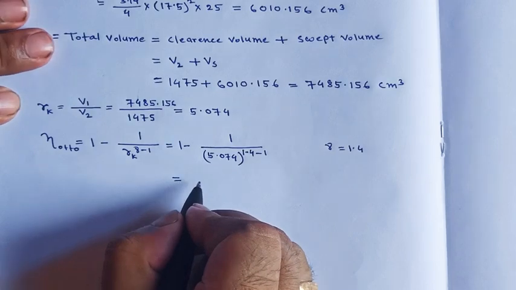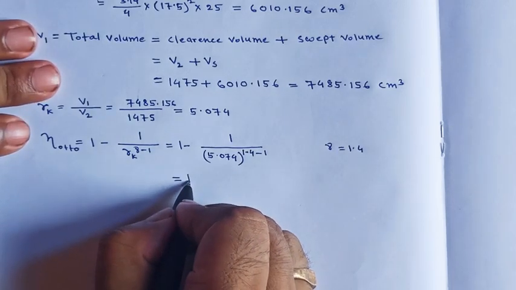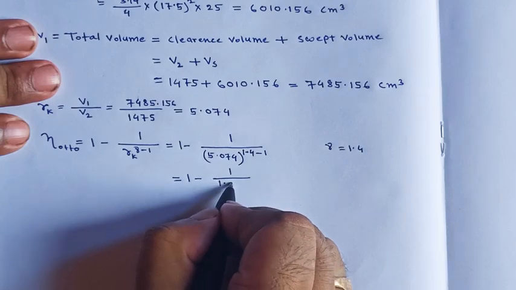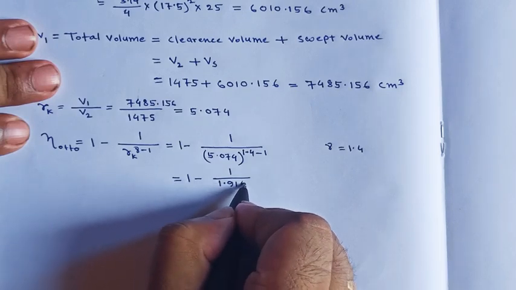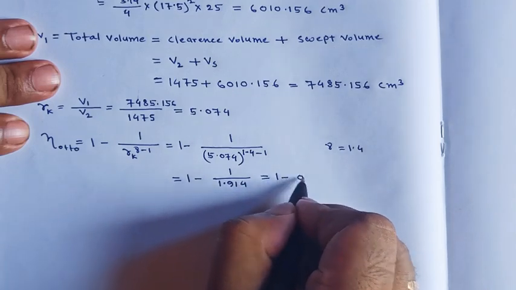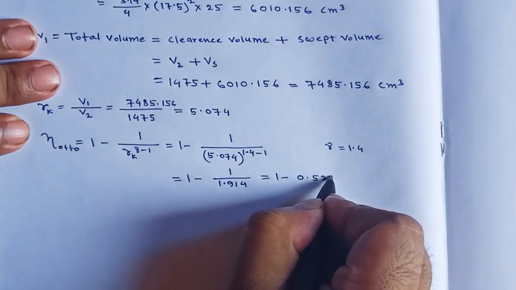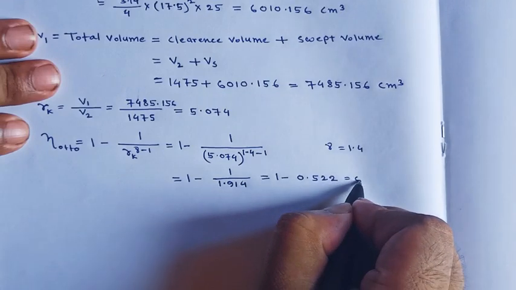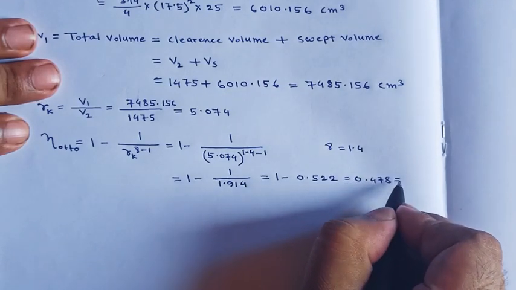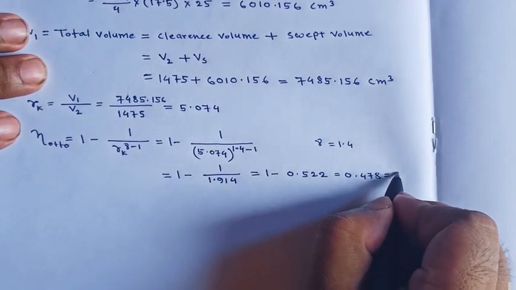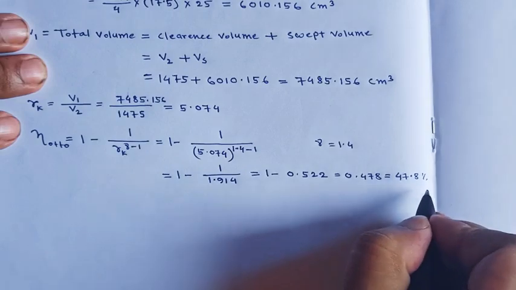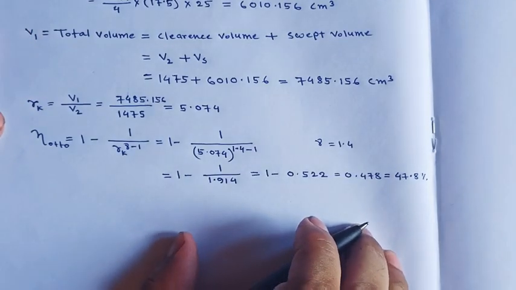This value will come 1 minus 1 by 1.914. This is 1 minus 0.522 equals 0.478, equals 47.8%. This is the answer.